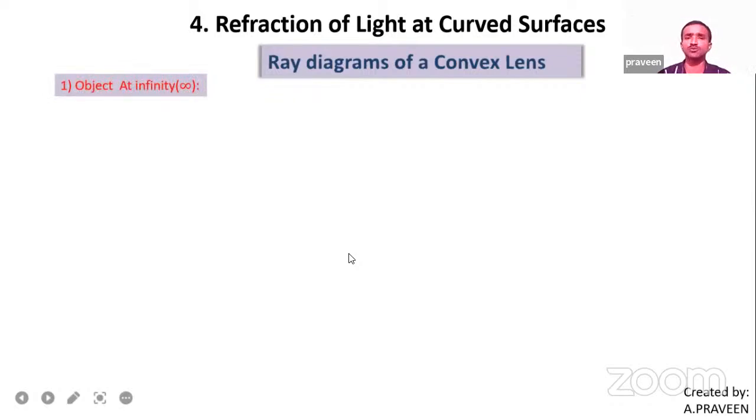When the object is placed at infinity, how do we get the characteristics of the image and how do we show the formation of the image in the ray diagram? That we are showing in these diagrams, which are called ray diagrams. We can go for the ray diagram by simple logic, as we learned in the morning class.